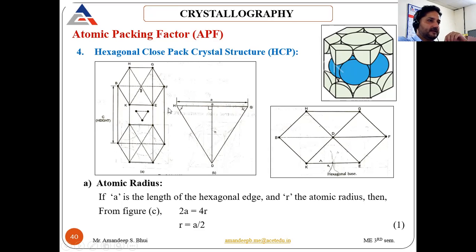So if you look at this diagram A, we have this top face.